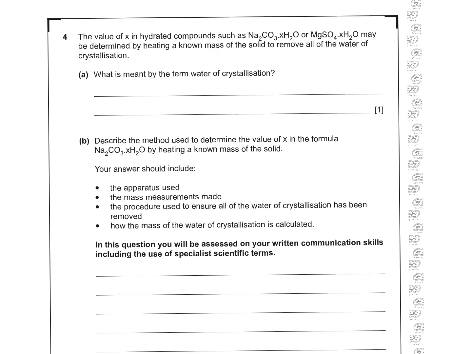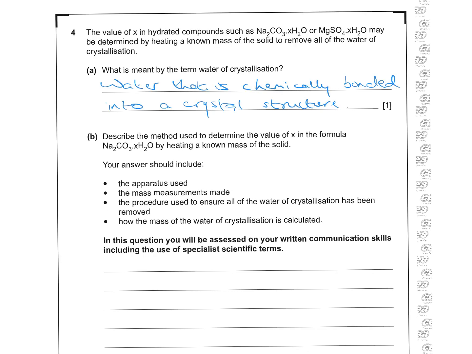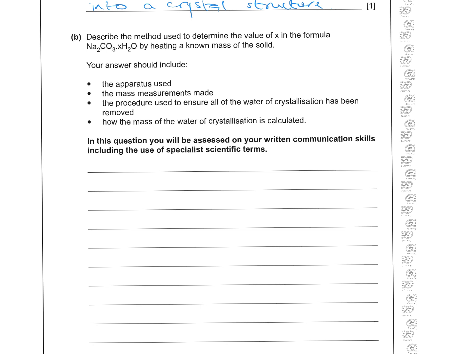Question 4, part A, is just recalling the definition of water of crystallisation. B then, describe the method used to determine the value of X, so in other words, to calculate water of crystallisation. Well, for the apparatus used, you can use a crucible or you can use an evaporating basin. So let's see. I'm going to put in evaporating basin.